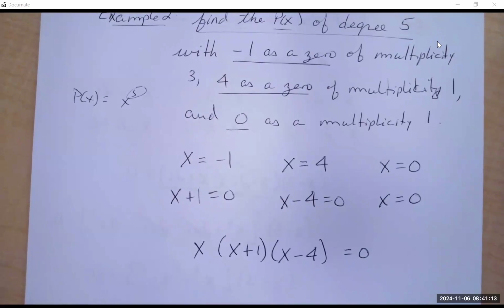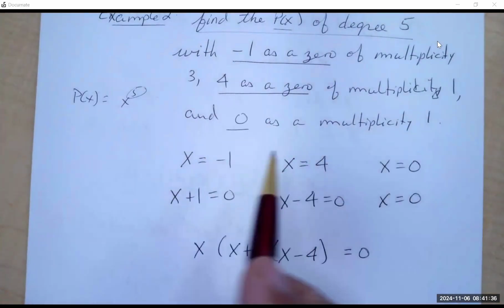in the statement, they said that -1 is a 0 of multiplicity 3. What does that mean? What does multiplicity 3 mean? We did multiplicities last time.